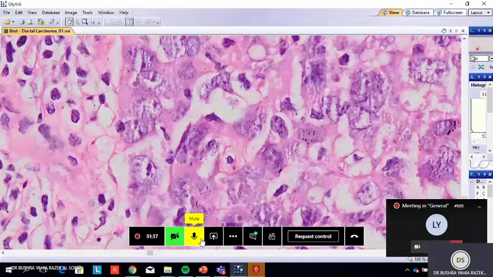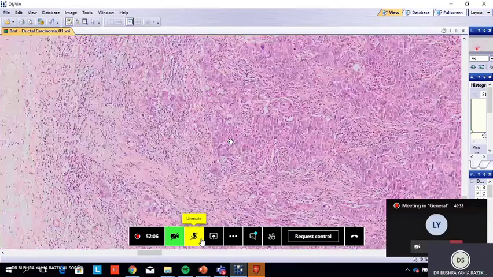Can you see the 40? Yeah, 40. Then move 10 times. But do not choose an area where mitosis is less and move around there, and some area with very high mitosis. You have to find first where the area with mitosis is. Then you move there.